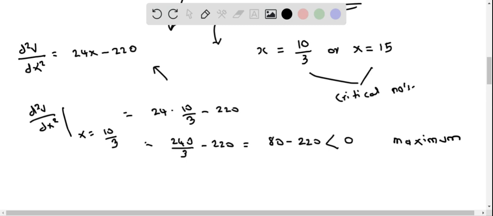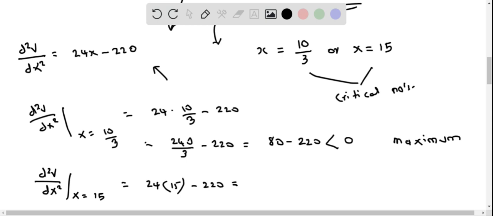Now let's also find out if this point x equals 15 is giving a maximum or minimum value. So I'm going to plug x equals 15 into the second derivative. So 24 times 15 minus 220.